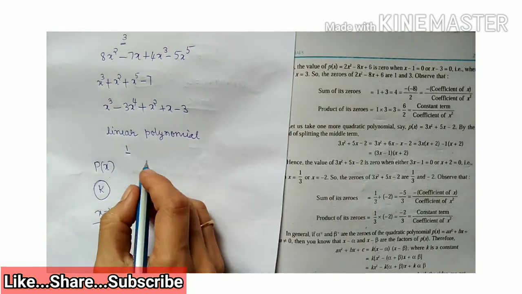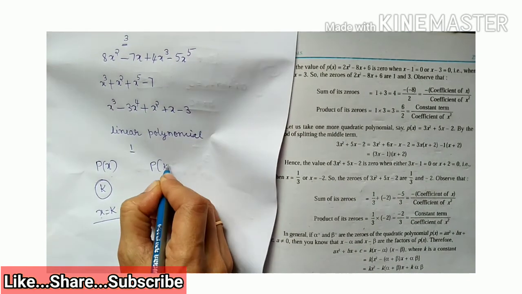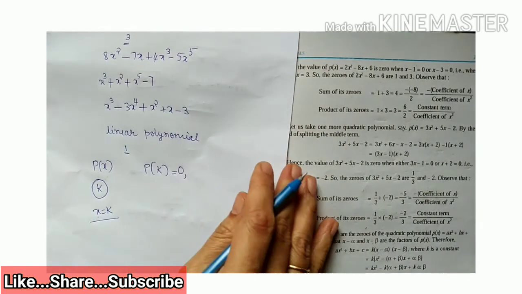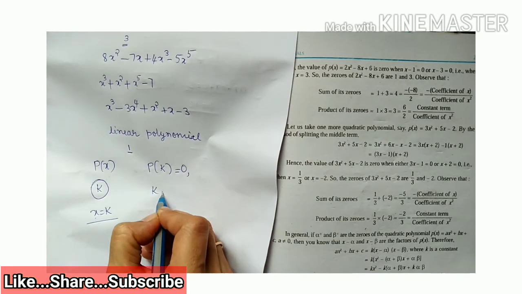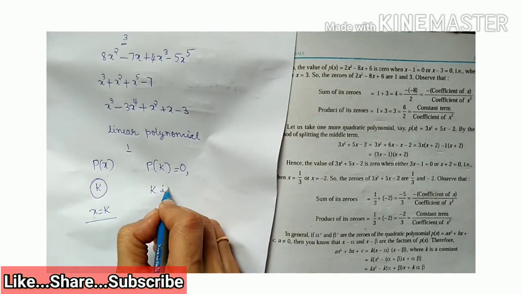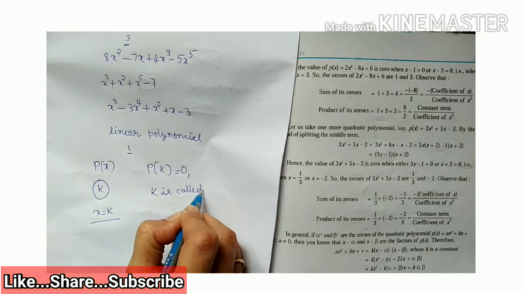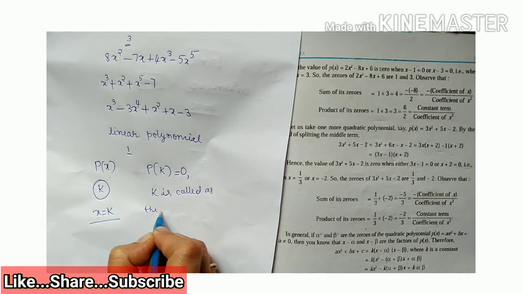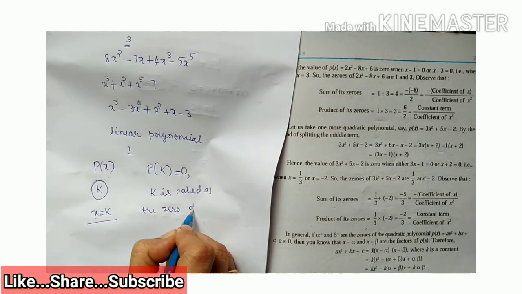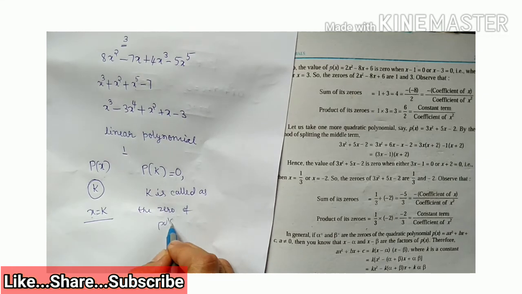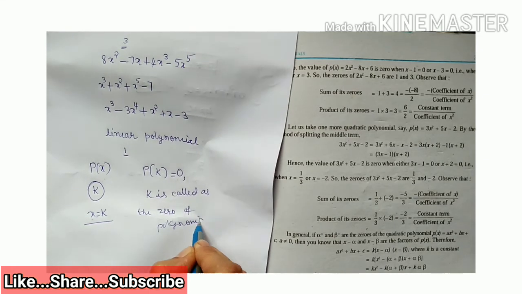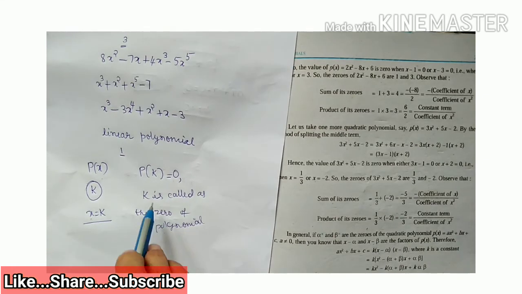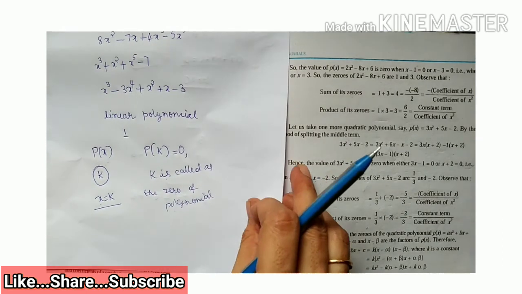That is, if p of k is equal to 0, k is called the zero of the polynomial.